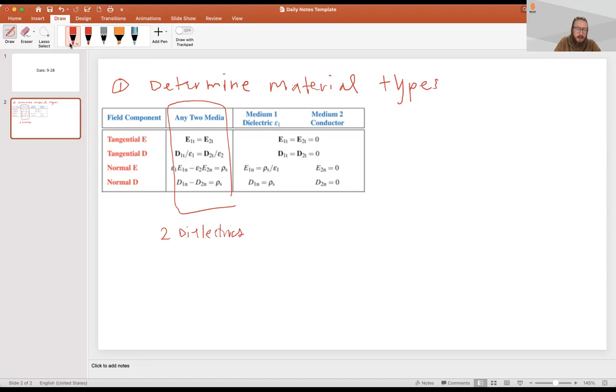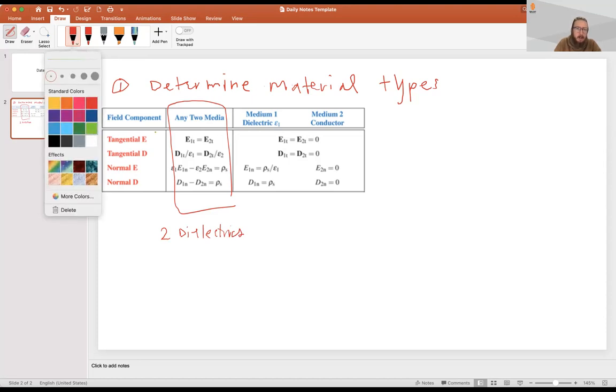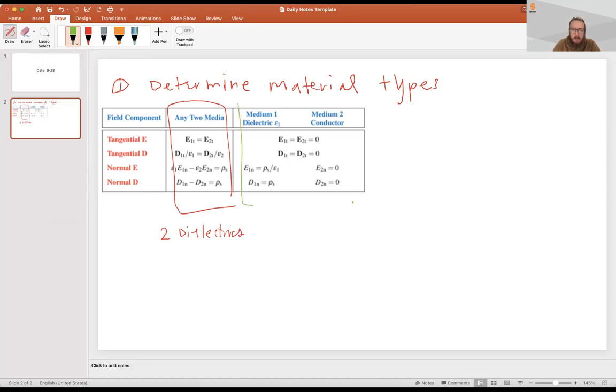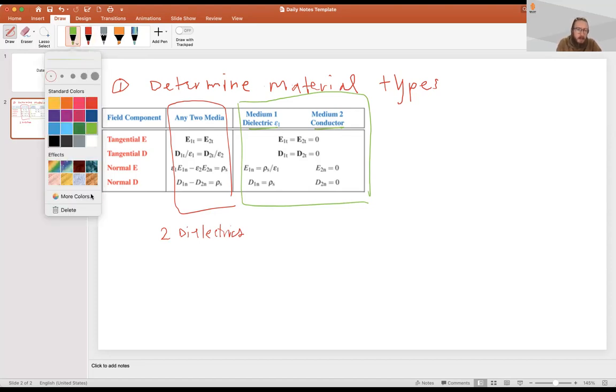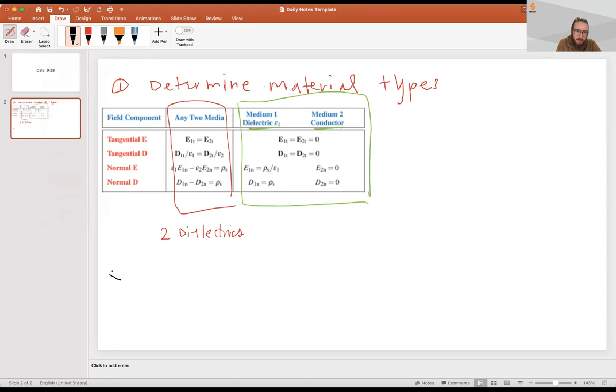And then on the other side, we have one dielectric and one conductor. So first you should determine the two material types that you have. Okay, and then second, let's look at this table.